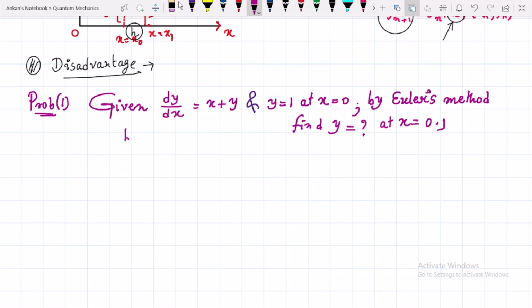Here the step size is not given, so you have to determine the step size. But how can you determine it?